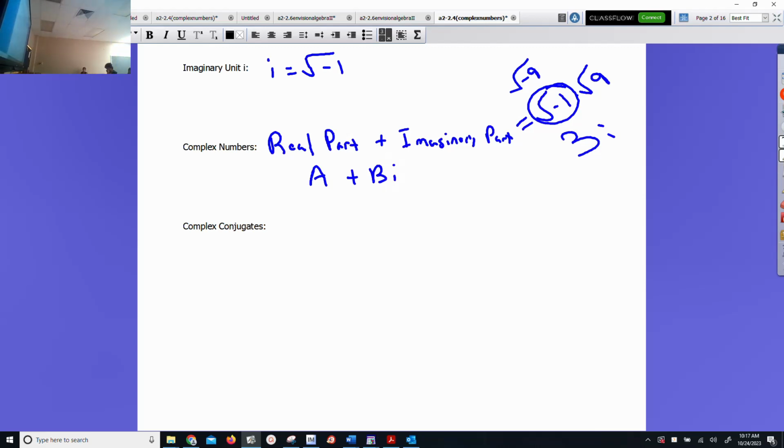That's what a complex number is. And all numbers are complex. Even the number 2 is complex, because it can be written as 2 plus how much i? Zero. All numbers are complex.